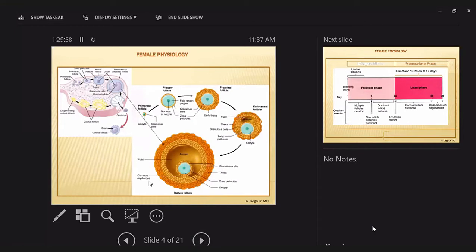Now, in the ovary, this is the one that takes place. The primordial follicle.